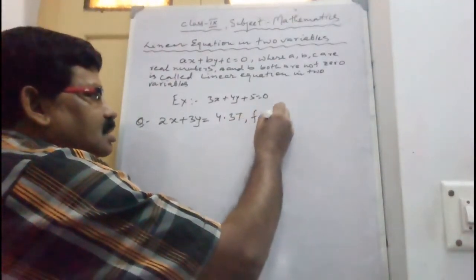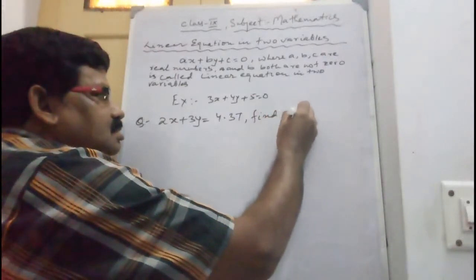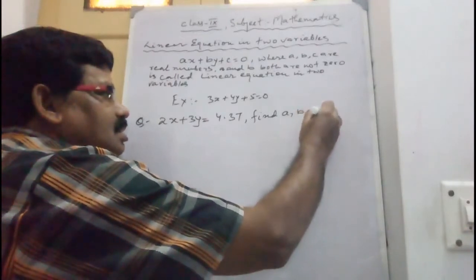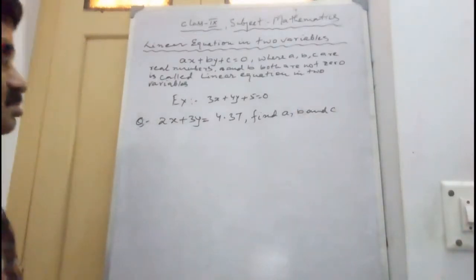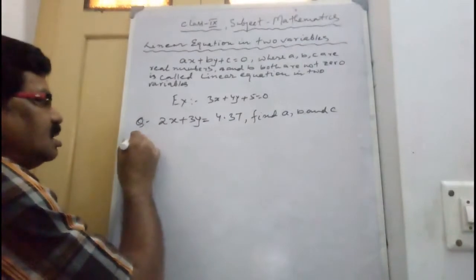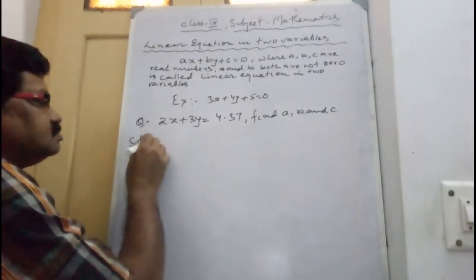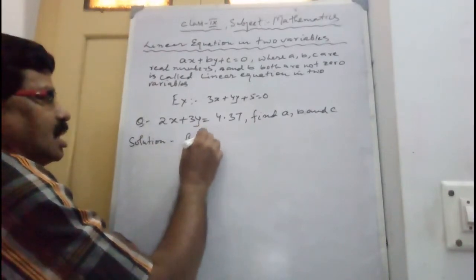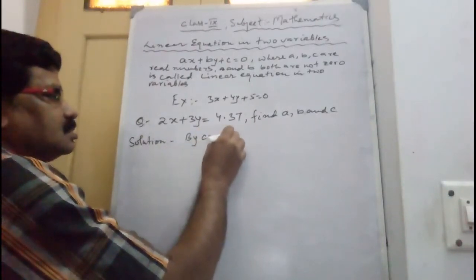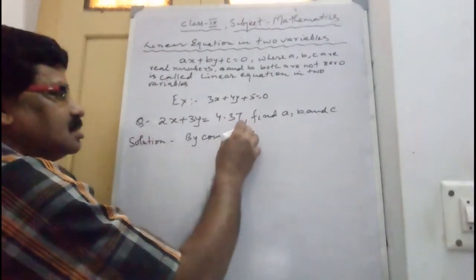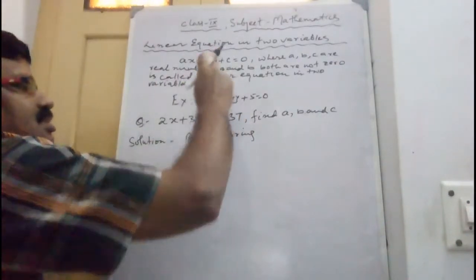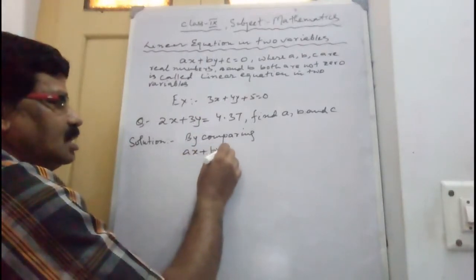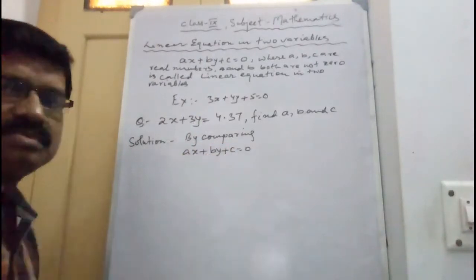Find a, b and c. Now first you compare by comparing with that linear equation ax plus by plus c equal to 0.